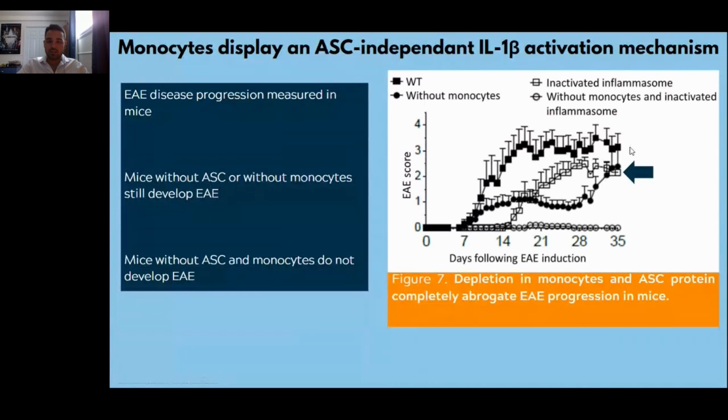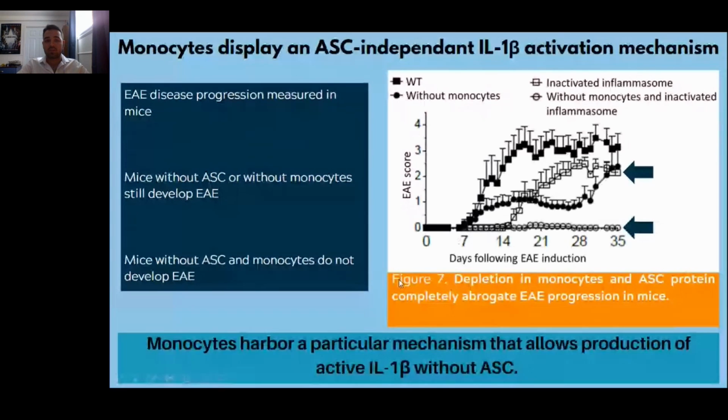Thus, this indicates that maybe other cell types are involved and can produce IL-1 beta even if the ASC adaptor protein is not there. So we induced the disease once again in mice lacking the ASC adaptor protein, but that were also depleted in monocytes. We see that these mice are completely protected against EAE. They do not develop any symptoms. Thus, this shows that monocytes can produce IL-1 beta even if ASC is not there.